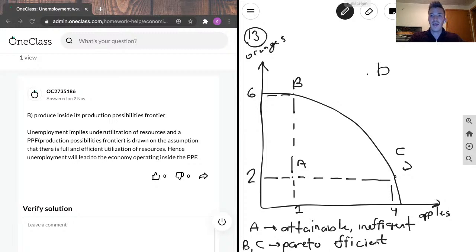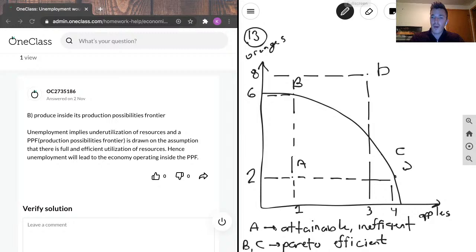Lastly is point D. This is outside the production possibilities frontier. And point D is preferable to points B and C. At point D, you'd get like, let's say 3 apples and 8 oranges, which is preferable to both points B and C, but it's unattainable because it is outside of the production possibilities frontier.